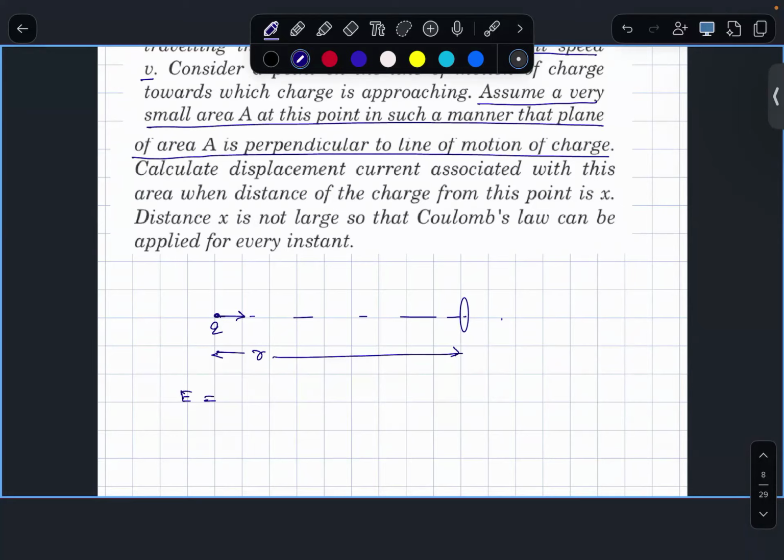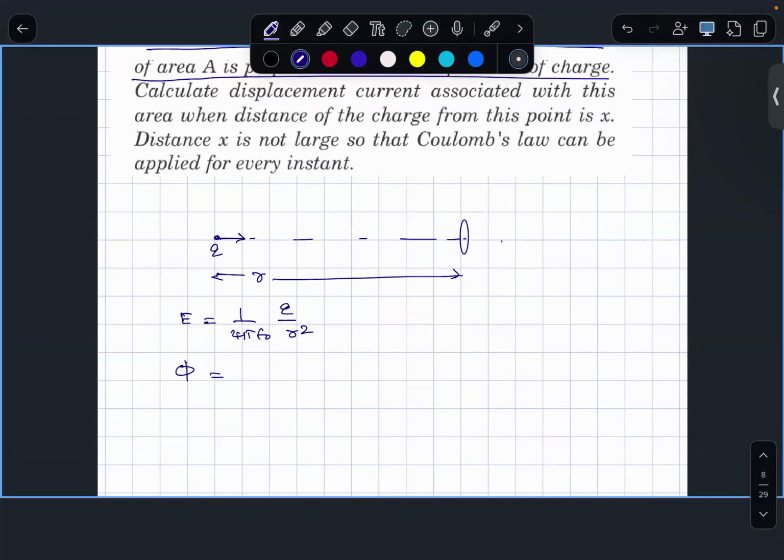Electric field there is 1 by 4 pi epsilon naught q by r square. Flux is 1 by 4 pi epsilon naught q by r square times A, where A is the area of that small portion. So displacement current is epsilon naught d phi e by dt. Epsilon naught, 1 by 4 pi epsilon naught, q into A, d by dt of 1 by r square.